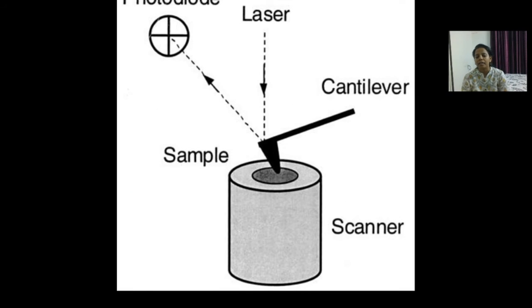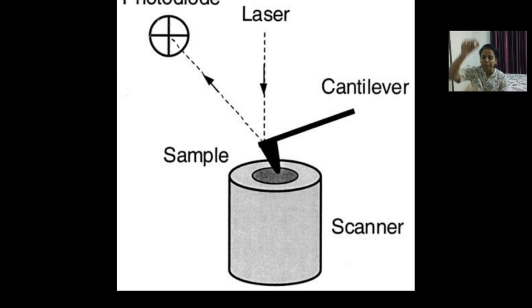Just look at the image of the working concept of AFM. There is one cantilever beam. You can see a scanner, which is a piezoelectric scanner on which the sample is mounted, shown in gray color, and there is a cantilever beam. At the end of the cantilever there is a sharp tip.